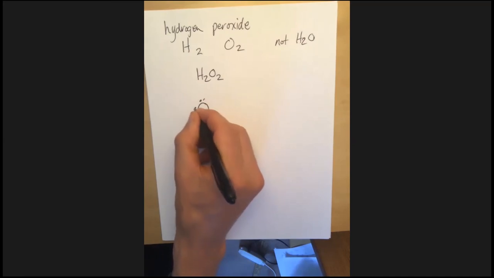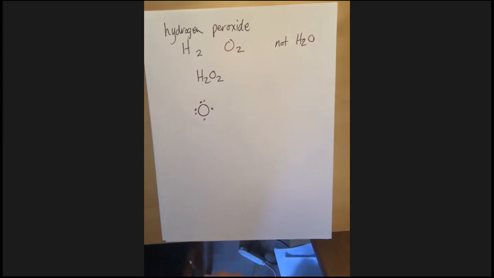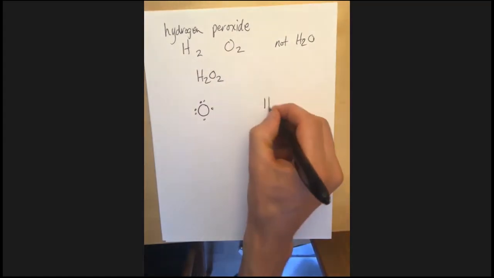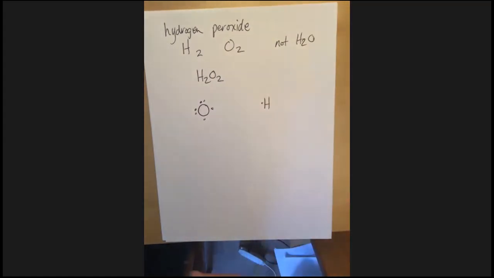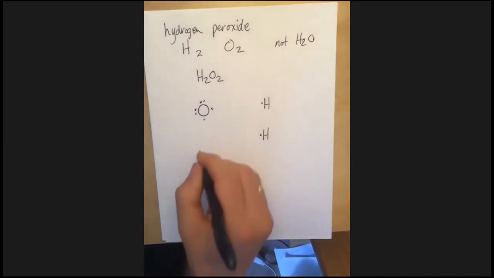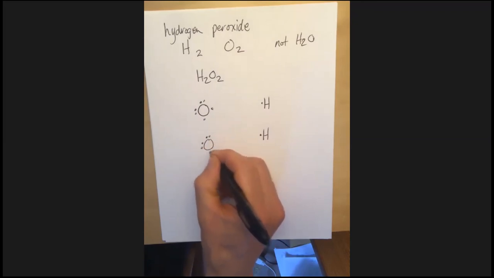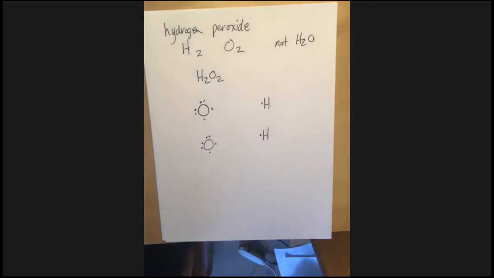So I'm going to start by drawing an oxygen, 1, 2, 3, 4, 5, 6. And I'm going to draw a hydrogen, and my other hydrogen, and my other oxygen. And I'm going to do everything according to the rules.